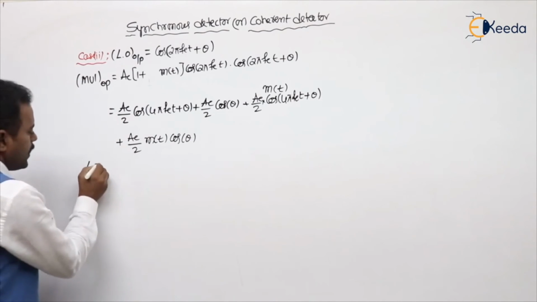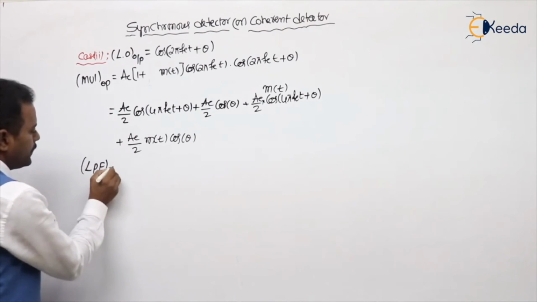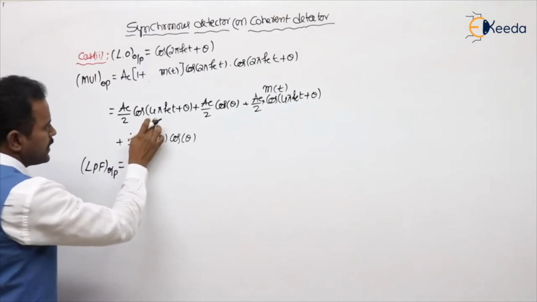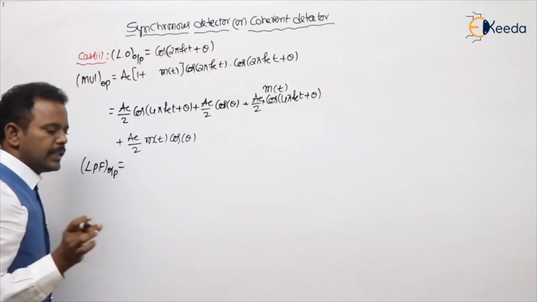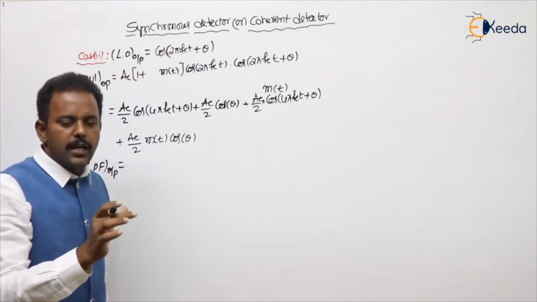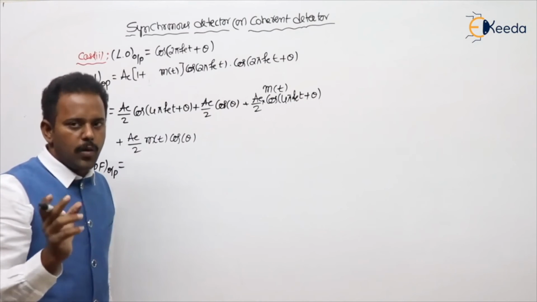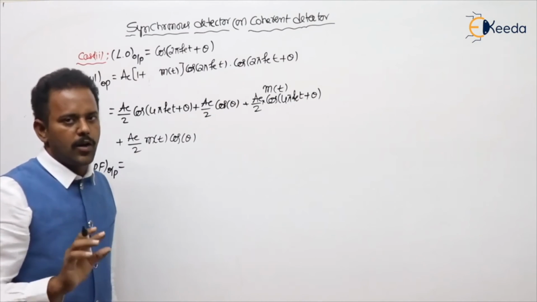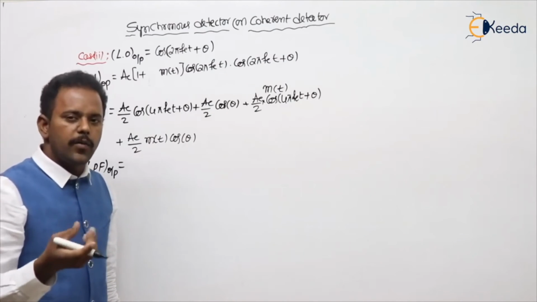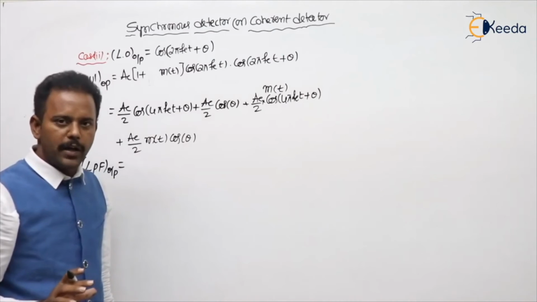What is the low pass filter output? Those terms are at 2fc frequency. Theta means the phase difference between the original carrier and the local oscillator output. The phase difference may be 20 degrees or 30 or 40 or 50. Are you getting my point or not?